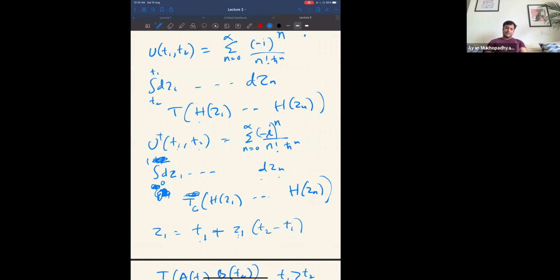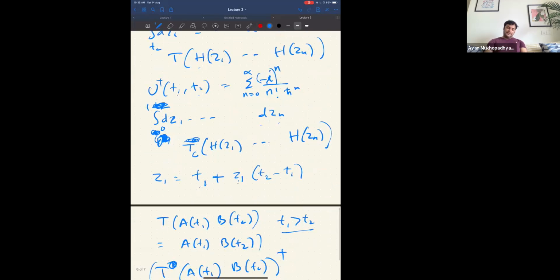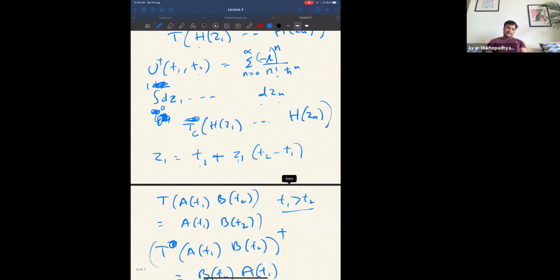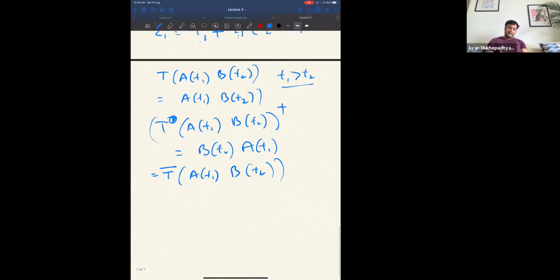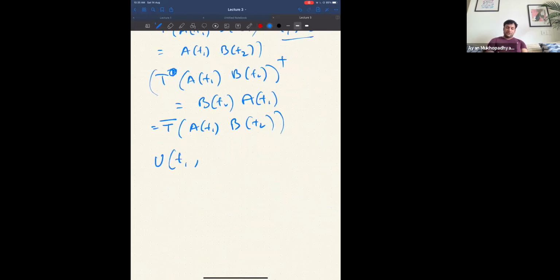So you can always write U(T1, T2), whether T1 is greater than T2 or T2 is greater than T1, it doesn't matter. I choose a time variable tau_i, which goes as T1 plus tau_i times (T2 minus T1).